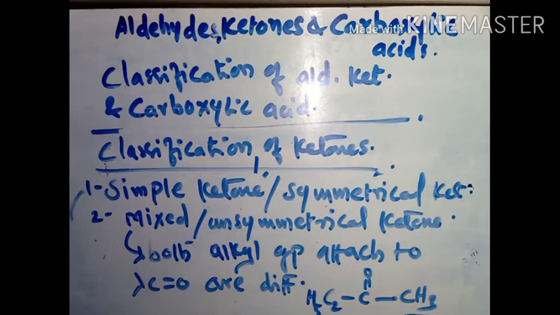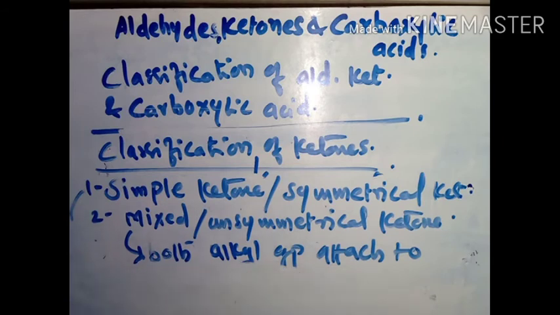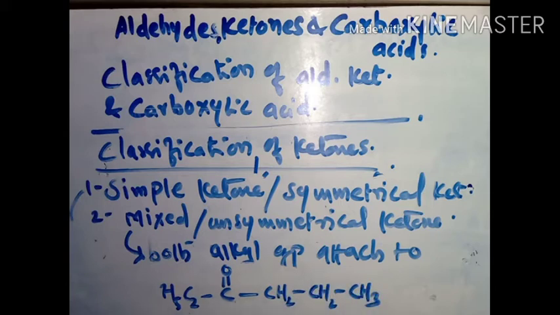Another example we can take here is C double bond O, that is the carbonyl group. Here we can take an ethyl group, that is C2H5, and here we can take CH2 CH2 CH3, that is the propyl group, and this one is the ethyl group.